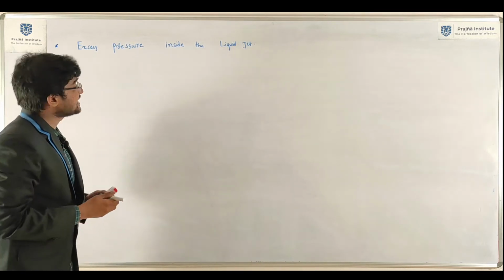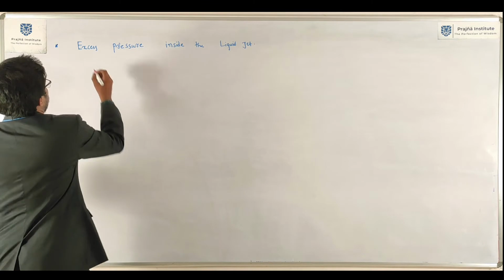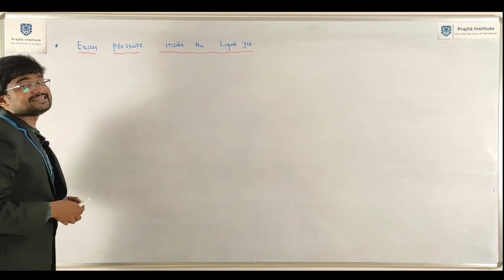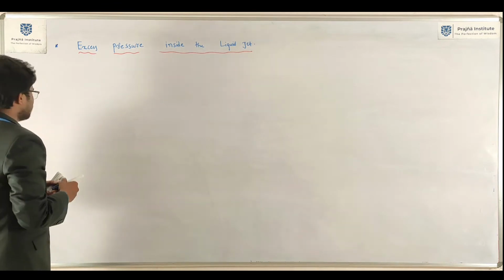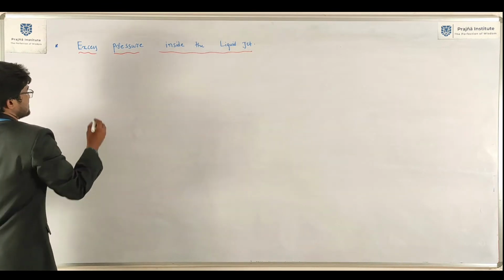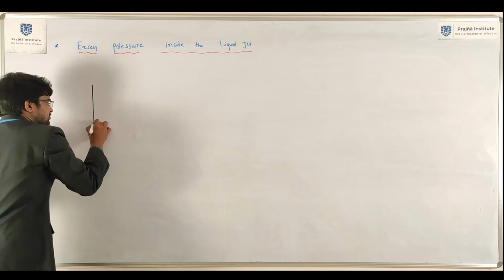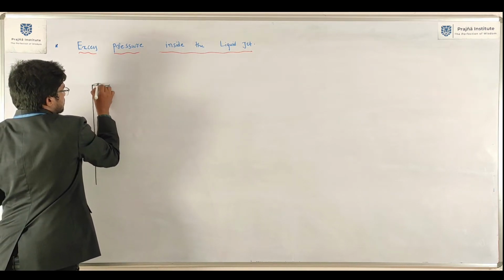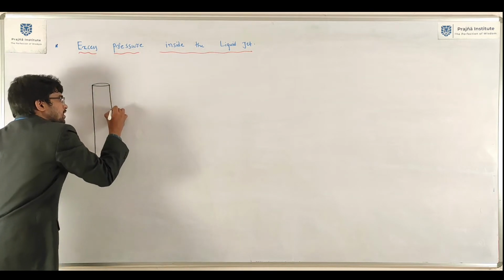Okay, the pressure inside the liquid jet. Excess pressure means gauge pressure. Generally people will draw a figure like this. The liquid jet has diameter D, of course.